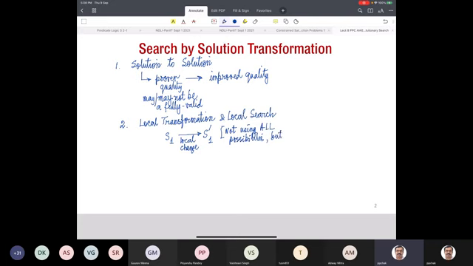Here you don't look at all possibilities, but some possibilities. For example, you have your land allocation problem. So you have L and you randomly do an allocation and determine what is called the fitness of the allocation. Then you apply a local transformation.